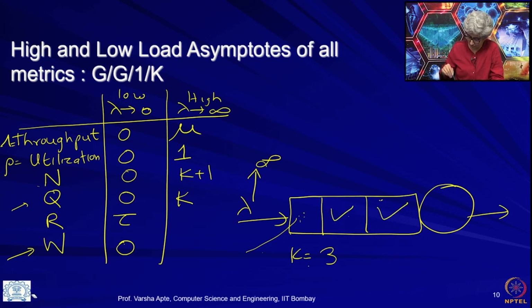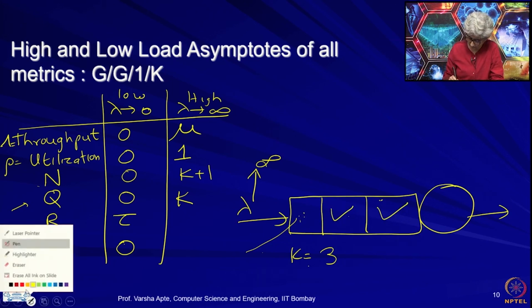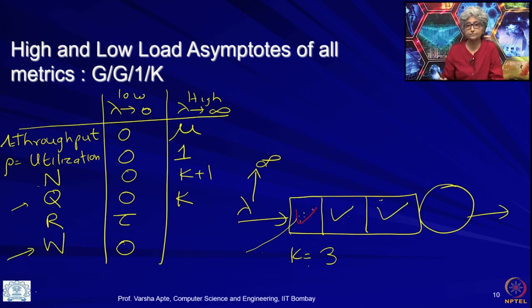So, the new request is here. Now, how long does it take until the request starts service? That is the waiting time. It has to move 1, 2, and one more place until it starts service. It will go from position 3 to 2, then from 2 to 1, where it is still in the queue, and then from 1 into the server.